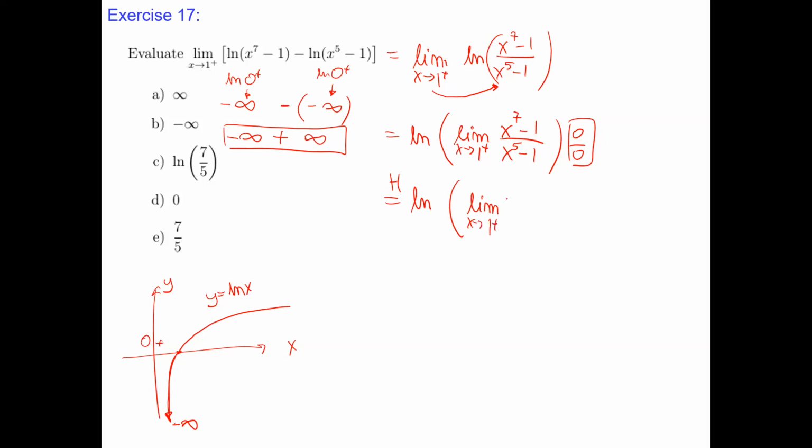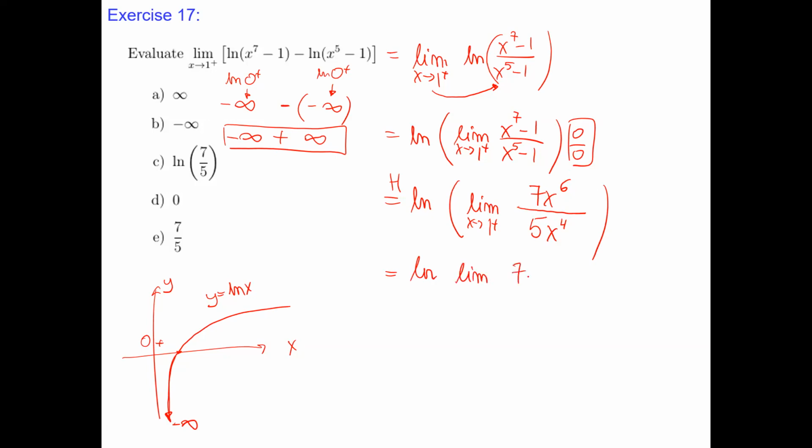We may factor out, but I don't know if this will be easy for this power 7 or 5. If we apply the L'Hopital rule, this will be 7x to the power of 6 over the derivative, 5x to the power of 4. Now we can simplify.